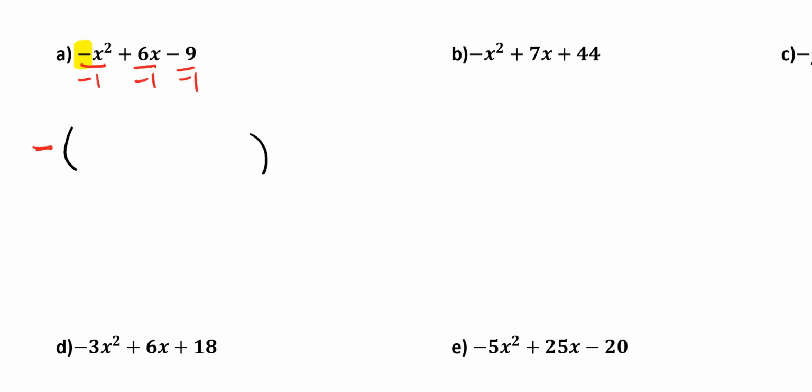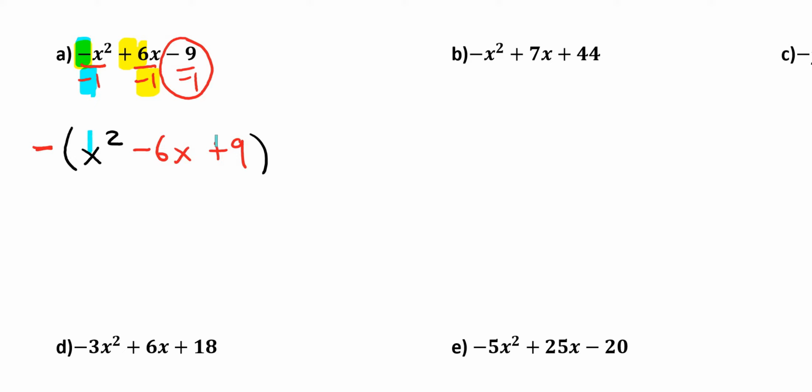And just ask yourself, what is this negative sign divided by that negative sign? Well, two negatives gives you a positive, so this will be x squared. And then positive 6 divided by -1 is going to be -6, so this would be -6x. And -9 divided by -1 is +9. All right, so that's what happens when you factor out the negative sign.